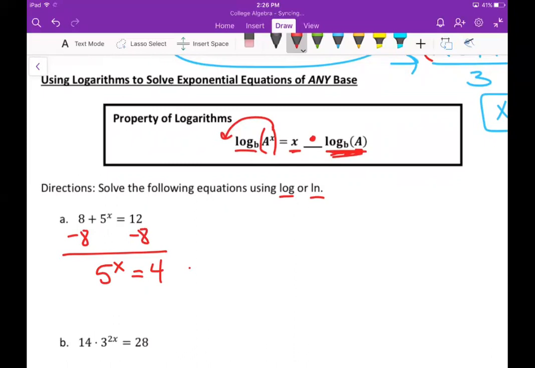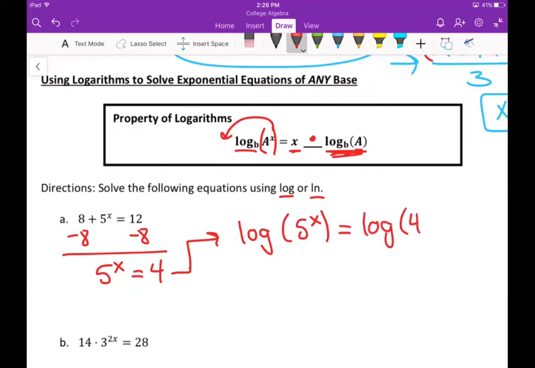This is where we are stuck. We were stuck before and we had to test values for x. We don't have to do that anymore. What you're going to do right now is take the log of both sides, or the ln. It doesn't matter. You'll end up with the same answer, and you can test that out for yourself if you want. I can do the same thing to both sides of an equation, and the equation will remain true, and that works with logarithms as well.